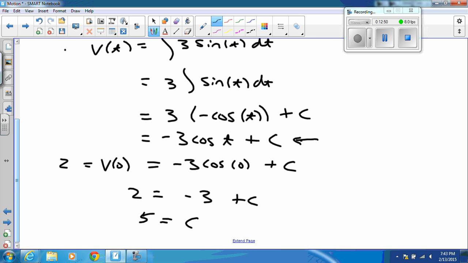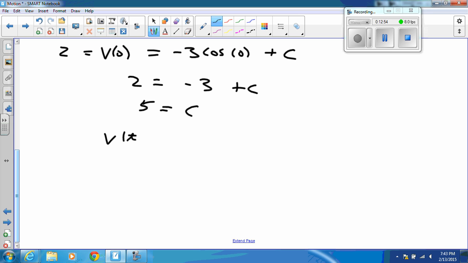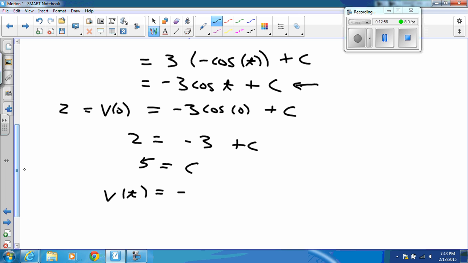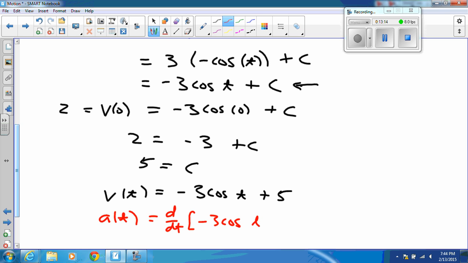And the cosine of 0 is exactly what you think it is. It's 1. So that c is equal to 5. And this allows us to find the particular velocity, negative 3 cosine t plus 5, that satisfies both the acceleration and the initial condition. Let's just check that.